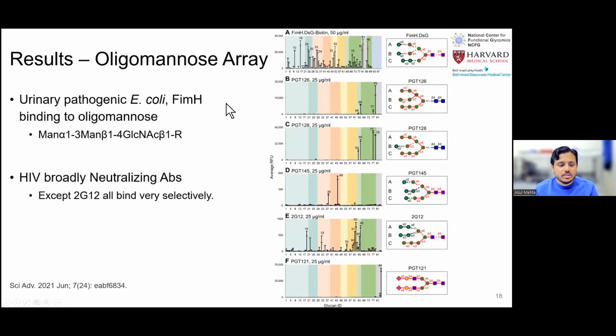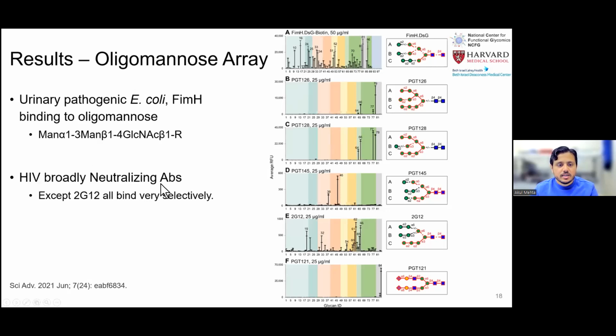And more recently, we've produced an oligomannose array. This is reported in Science Advances last year. This array has mainly oligomannose structures, and we used this to check urinary pathogenic E. coli FimH protein, which we found to bind this epitope by using this array.